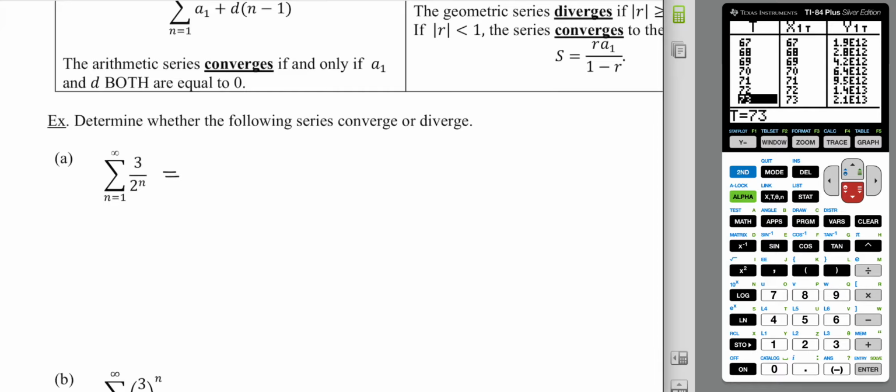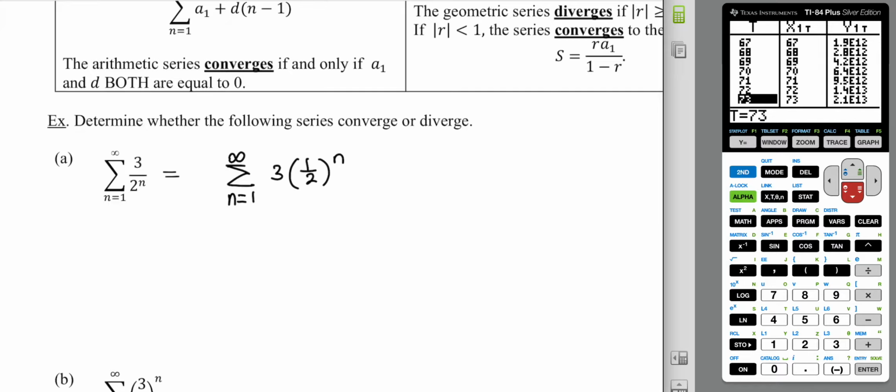We now know that we can represent this first series as the sum going from n equals 1 to infinity of 3 times 1/2 to the nth power. You can verify it a bunch of different ways, technology-wise or by hand.